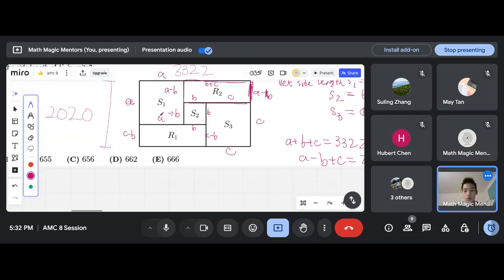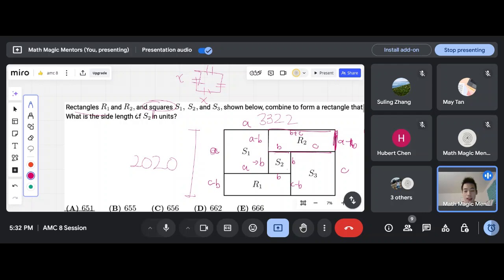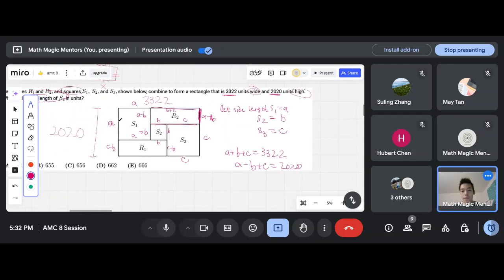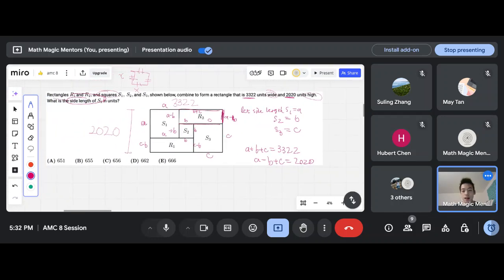Remember what we are asked to find: the side length of S2. That's why the idea of assigning variables to the squares stood out to me the most, because we're asked to find the side length of S2.